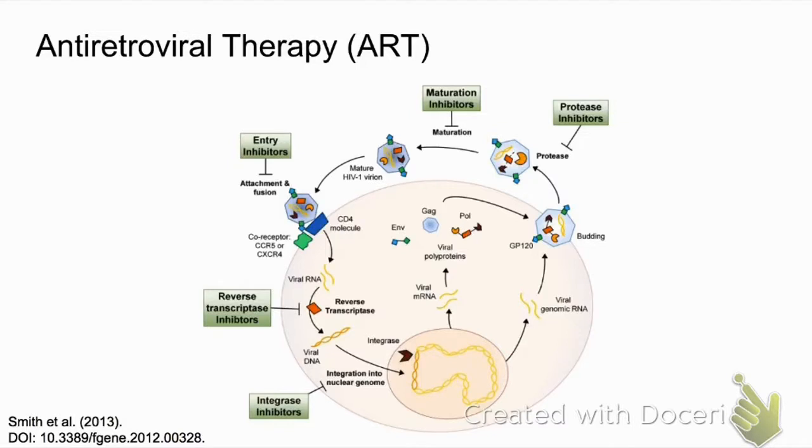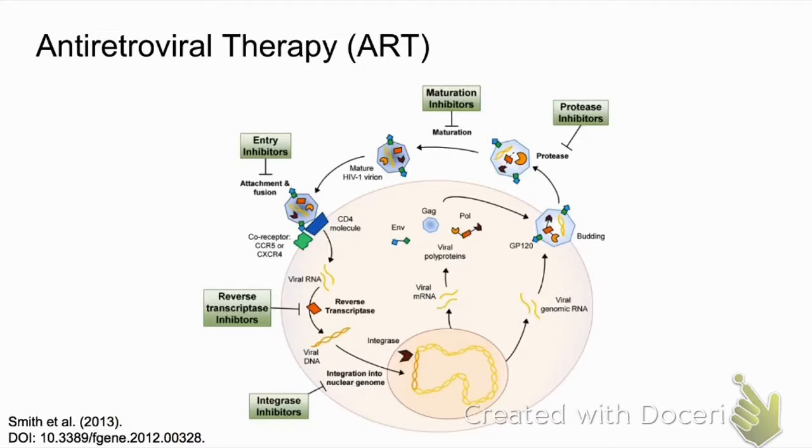There are a number of different targets for antiretroviral therapy, which is sometimes abbreviated ART or HART. For example, blocking the interaction between the spike protein and the co-receptor CCR5 or CXCR4 may block the ability of the viral particles to enter into host cells.